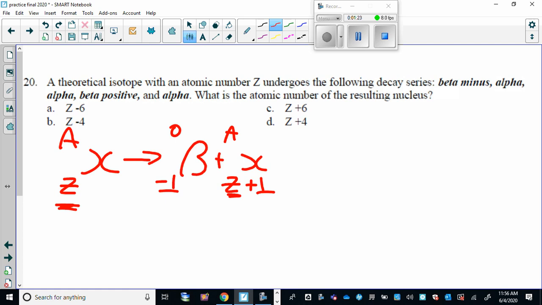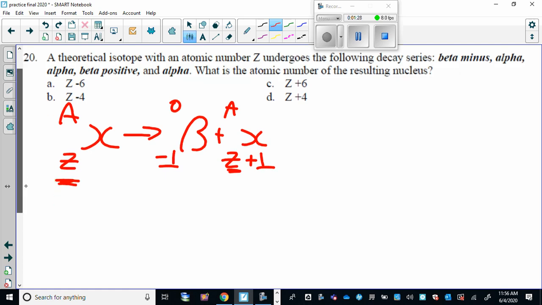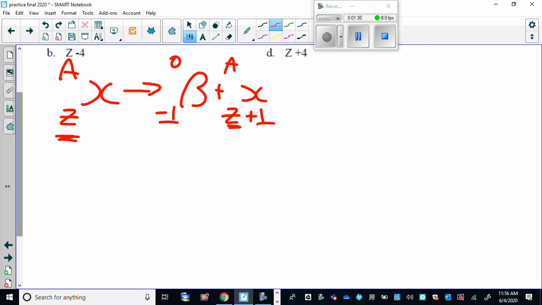And if that's the case, then for alpha decay, if you keep doing this process, it just gets really tedious. So now we've got a Z +1, and then it goes through alpha decay.